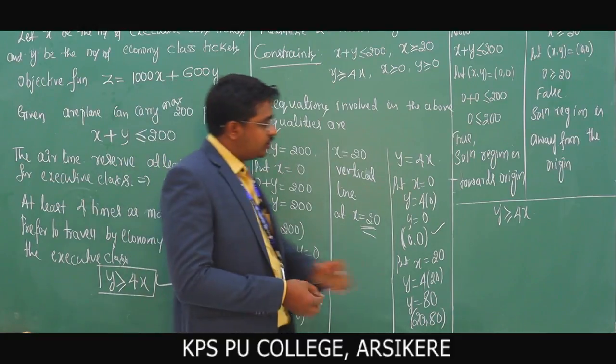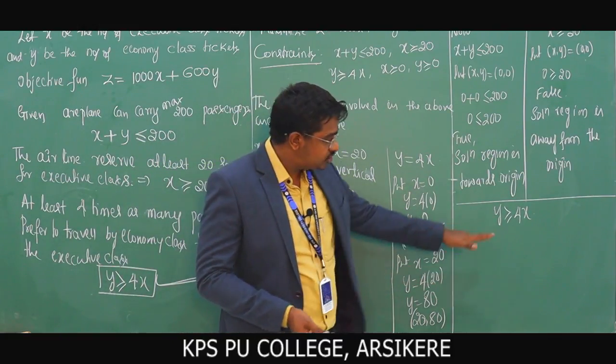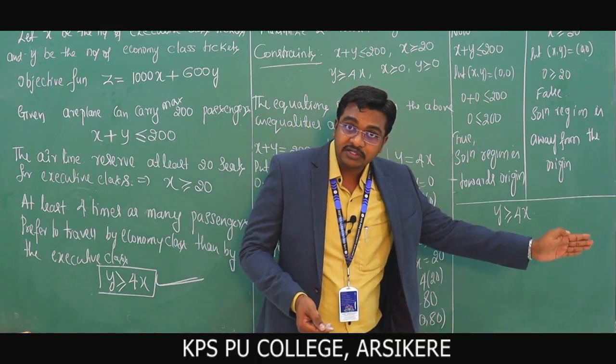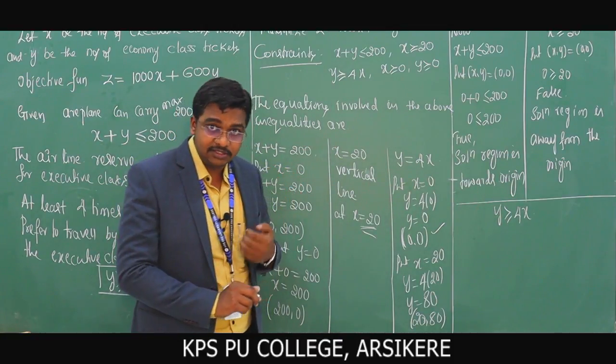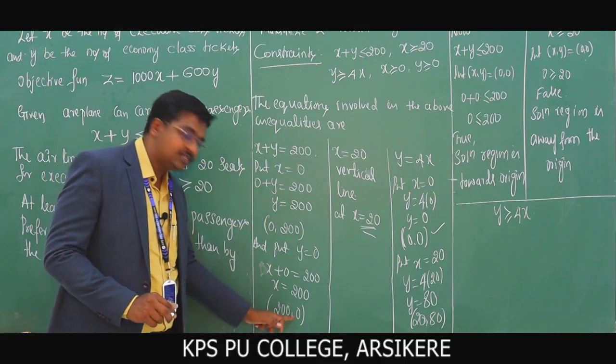First I will take a point on the x axis and substitute in this inequality. Suppose the inequality is true, then the solution region is towards the x axis. Suppose the inequality is false, the solution region is away from the x axis or towards the y axis. Here the points are 0, 200 and 200, 0. You can take any one.